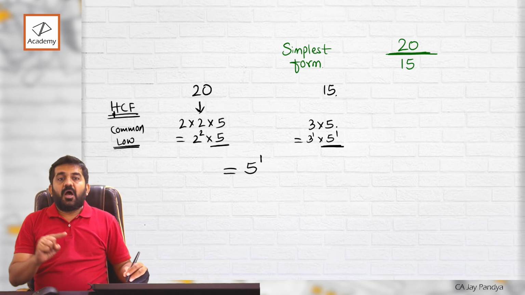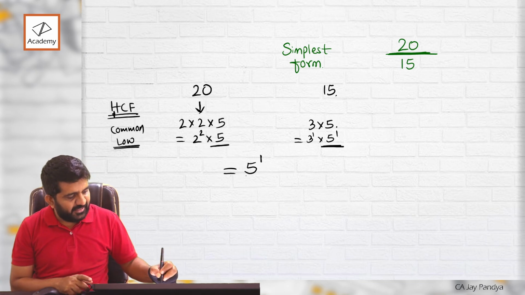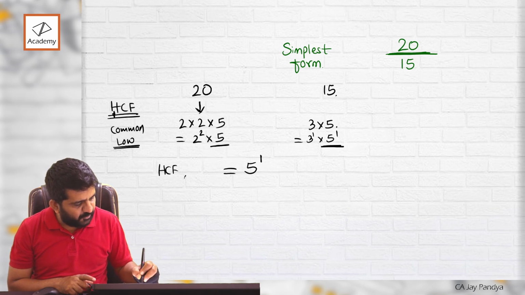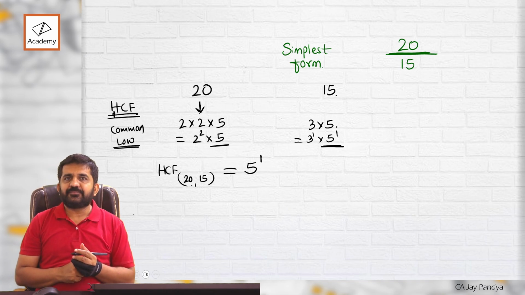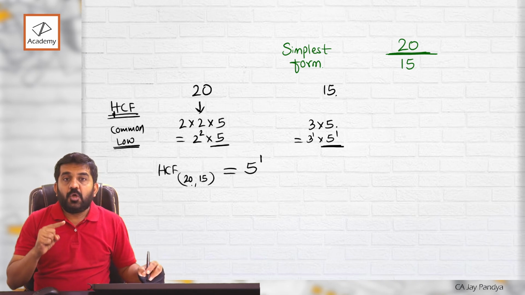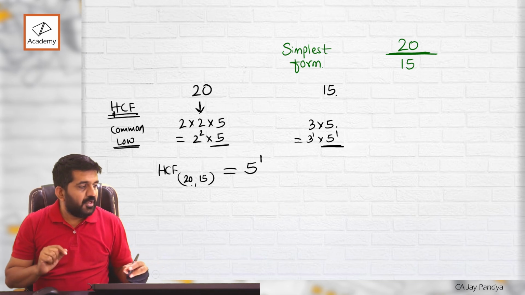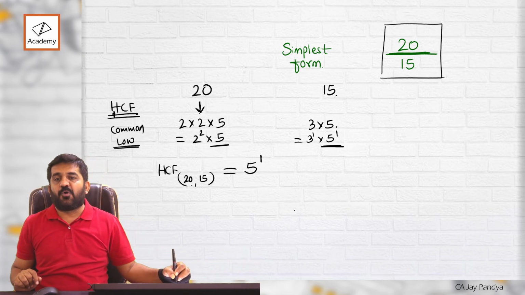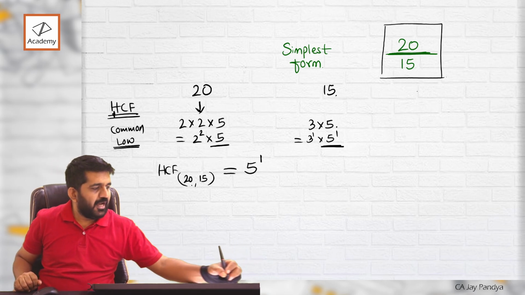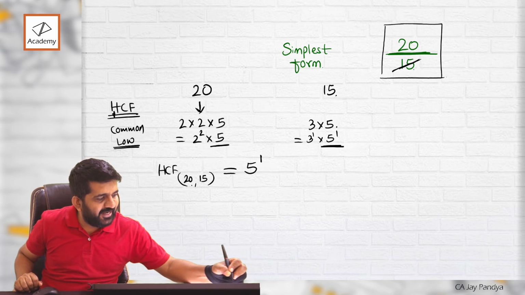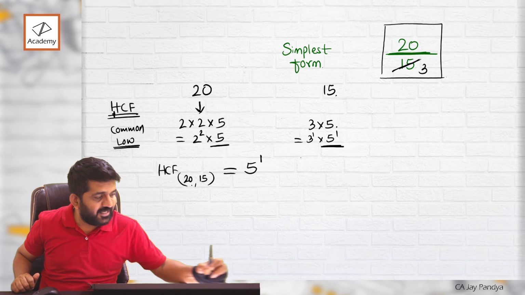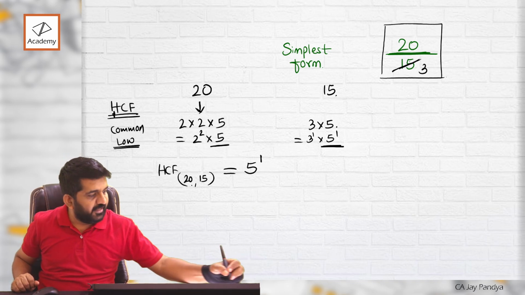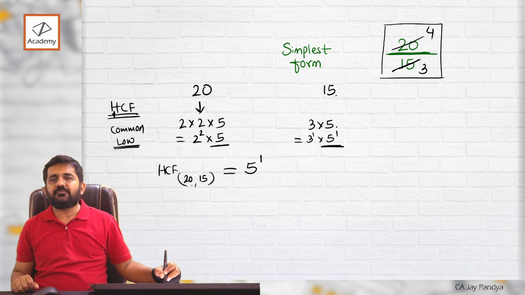Yes, how it is helpful, I'll tell you. See, HCF between 20 and 15, right? What is HCF? 5. Believe me, if I want to make this in its simplest form, I should divide this by 5. 5 threes are 15 and 5 fours are 20.